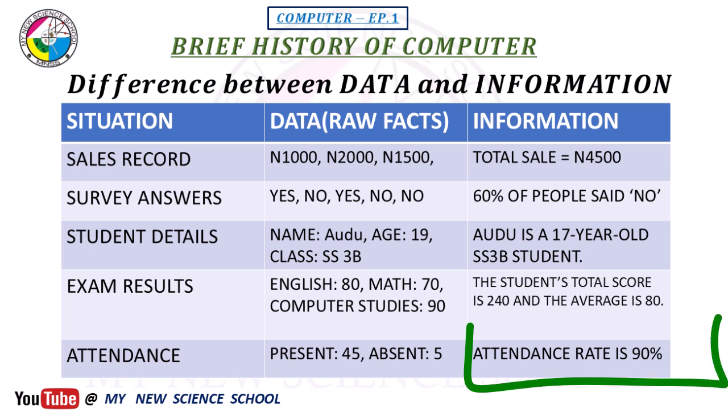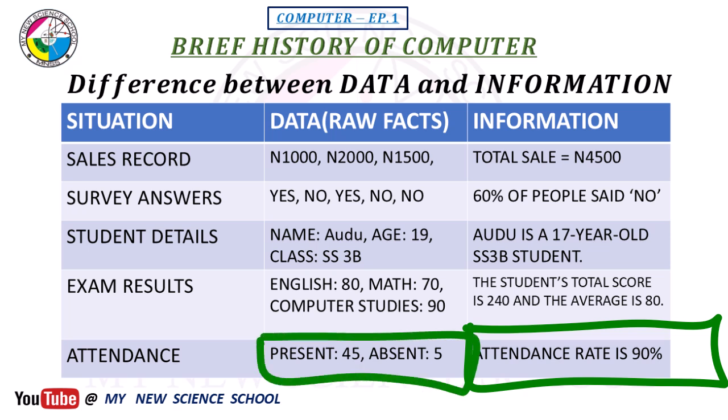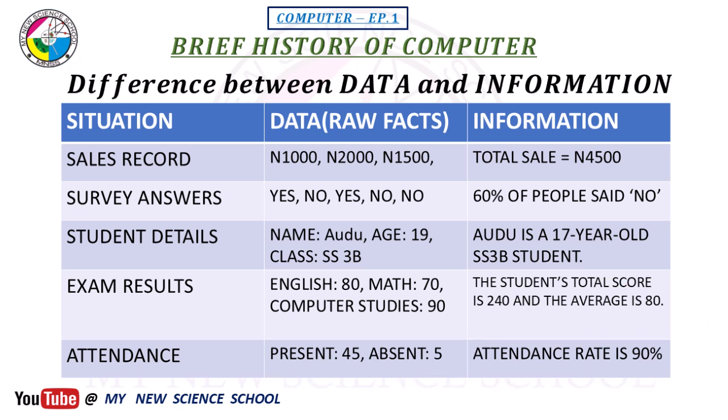This is information. So these are pieces of data, while this is information. So that's how to differentiate. These are simple examples to differentiate between the meaning of data and information, and I hope you will not confuse the two everywhere you go from now.